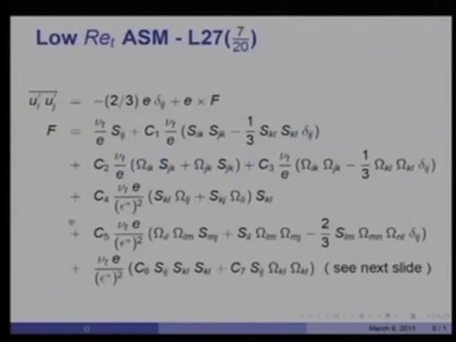model. There is also a low Reynolds number form of the algebraic stress model, and that is given as ui prime uj prime equal to minus 2/3 E delta ij plus E multiplied by F, and F here is a significantly long term. It involves strain rates S as well as vorticity rates omega.